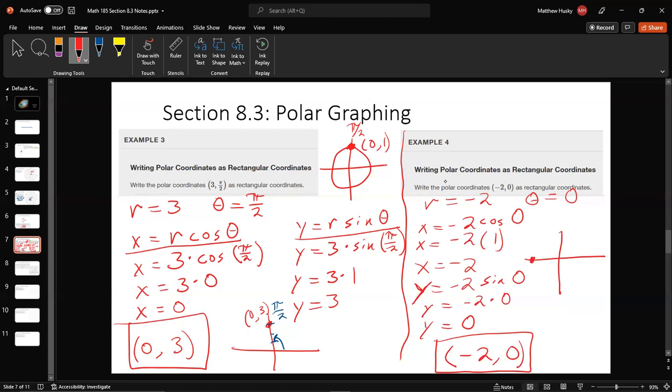So (-2, 0) would be over here. And so if you have a 0-degree angle where you don't turn, and then if you're going to go backwards, you're going to go that way, 2 spots. And there you have it. That will be the location of that polar coordinate, which in this case, kind of interestingly, is identical to the rectangular coordinate.